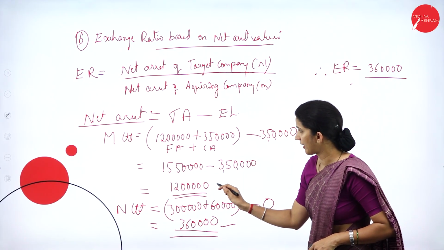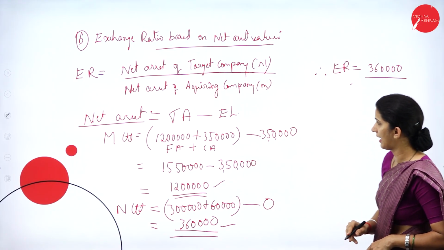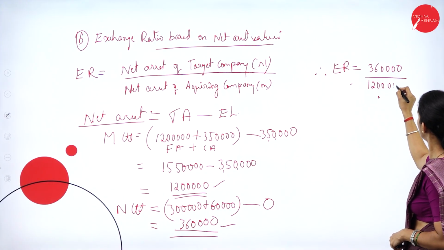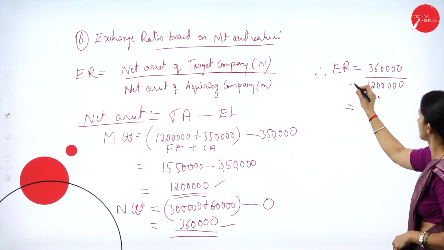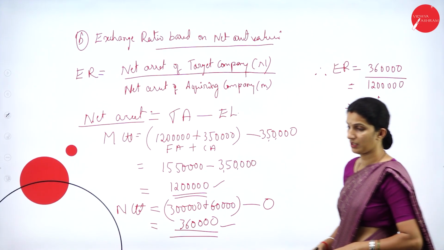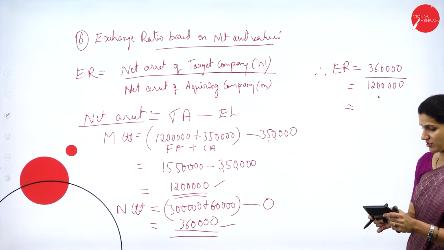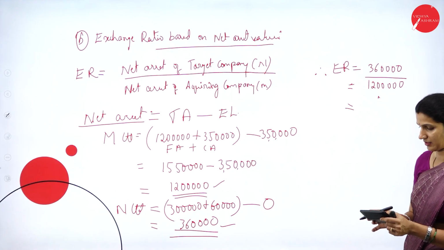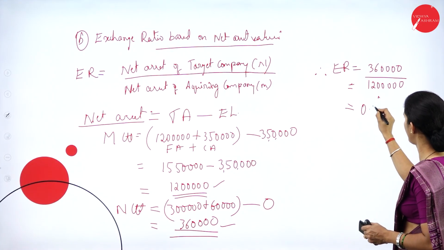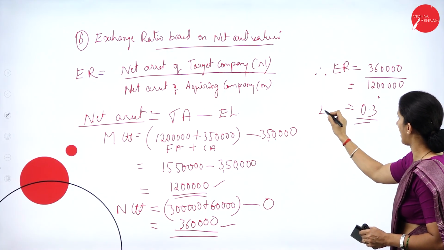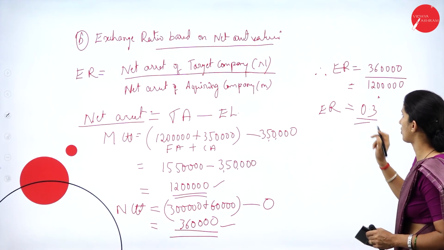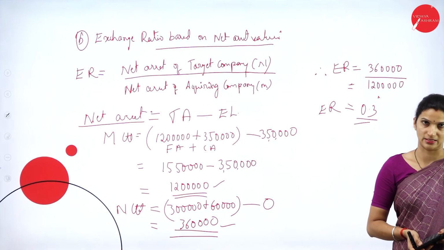So the net asset of M Limited is 12 lakh. So the exchange ratio between M Limited and N Limited is 3,60,000 divided by 12 lakh, so it is 0.3. So this is the exchange ratio based on the net asset.